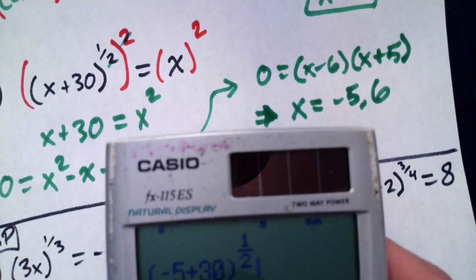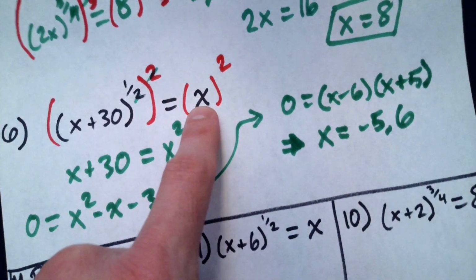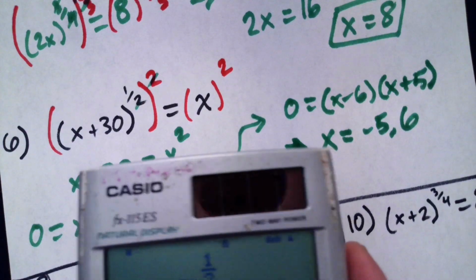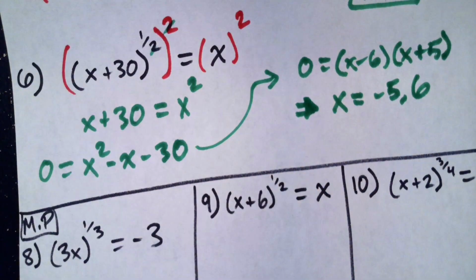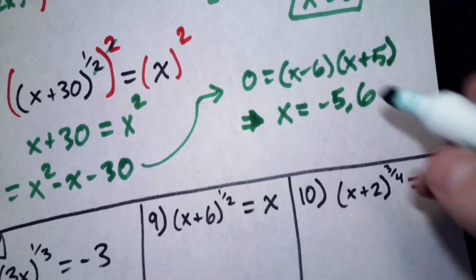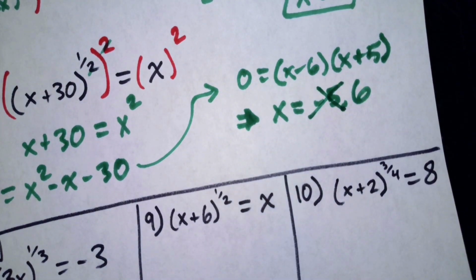If -5 is a solution, this should equal -5. So it equals +5. So we are off by a sign. Therefore, we're going to be able to say that x equals -5 is extraneous. So this cannot be my solution.